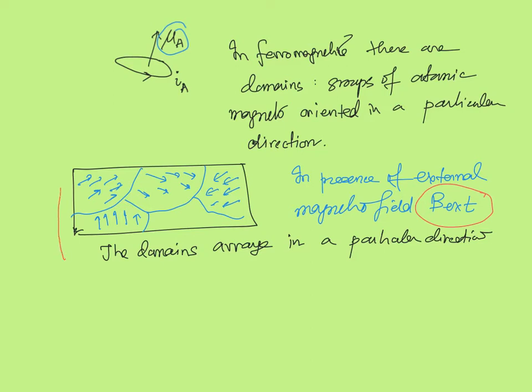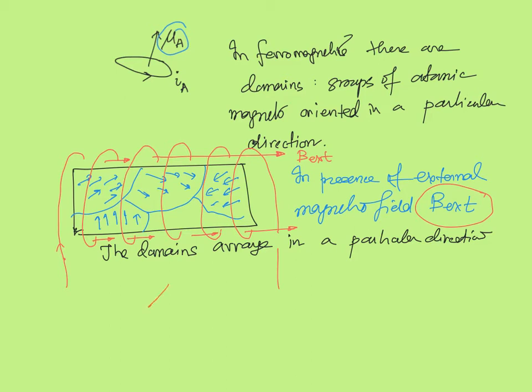If you keep this ferromagnet inside a solenoid, a current carrying coil, it produces a reasonably strong magnetic field B external. Due to this B external, the magnets will try to point in the direction of B external, because that is the most stable configuration.